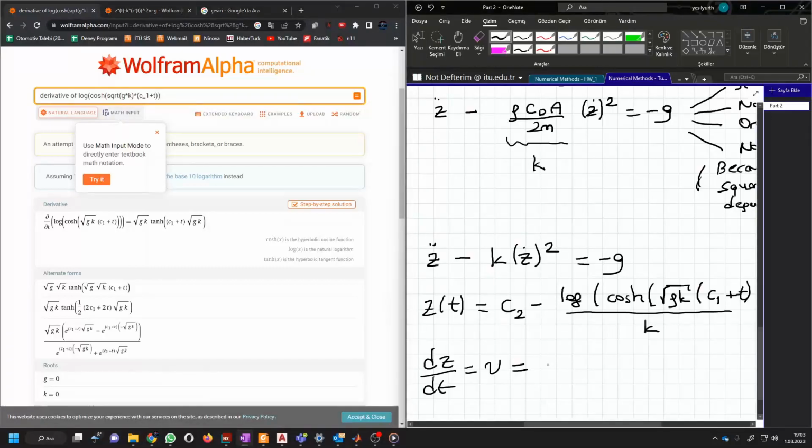I will have a minus here because of this: minus 1 over k times square root of g times k times tangent hyperbolic of c1 plus t times square root of g times k.